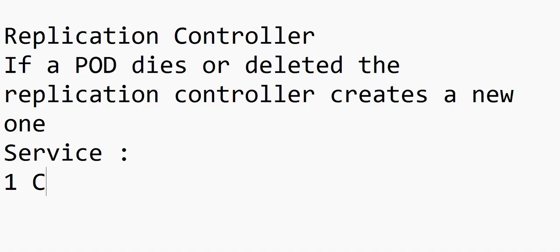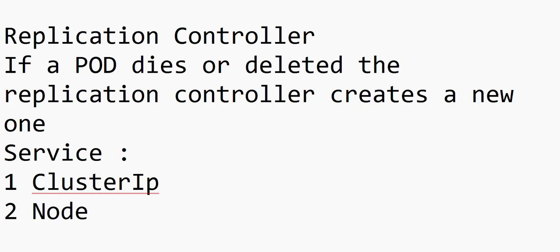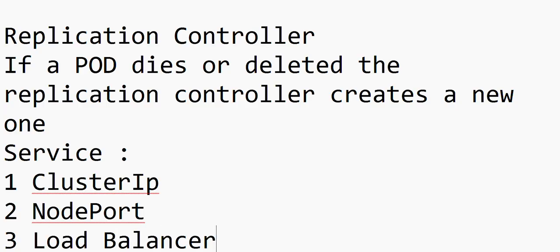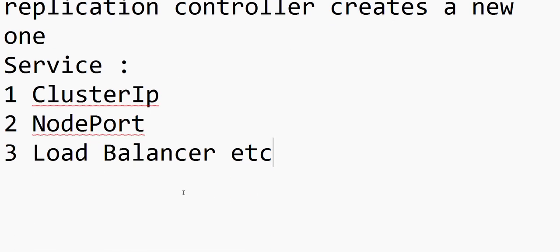First one, cluster IP, second one, node port, third one, load balancer, etc. Like this we have different kinds of services.